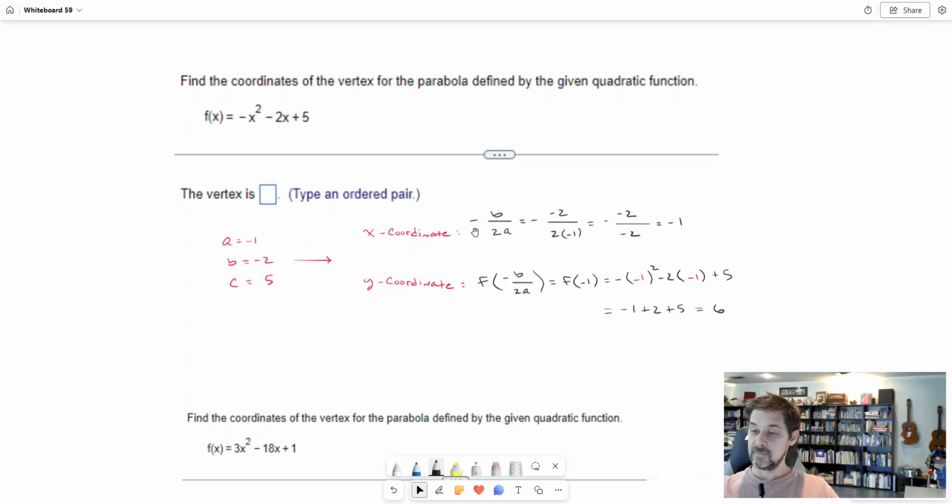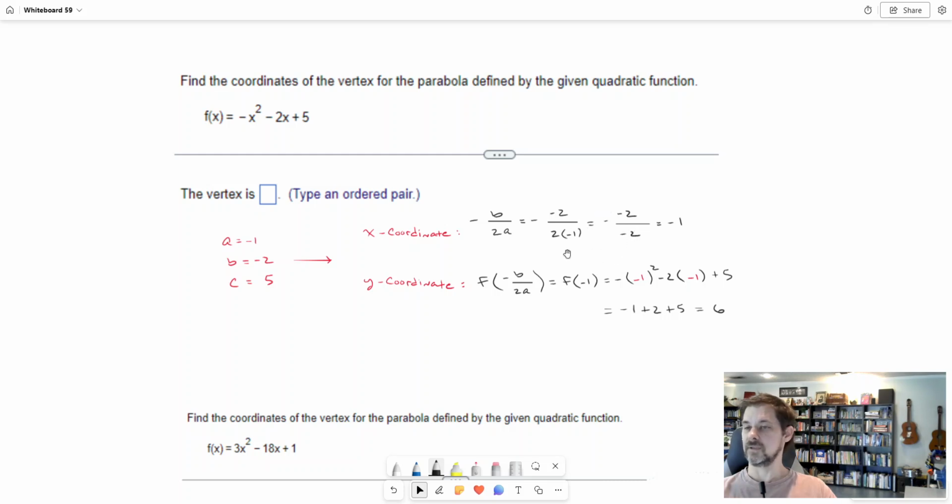If b also happens to be negative, you have to include that too. So it's negative, b is negative 2, over 2 times a is negative 1. You see I plugged it in there? I have this negative that is part of the formula, and then I have this number which is also negative. I wrote them both down, and then I'll do the math from here.